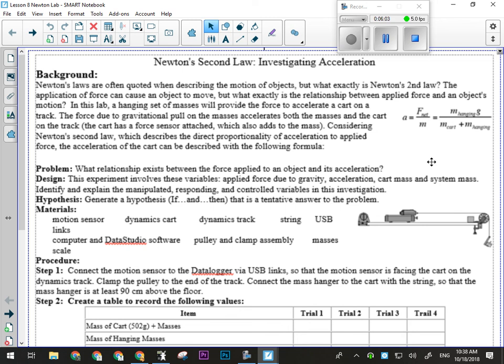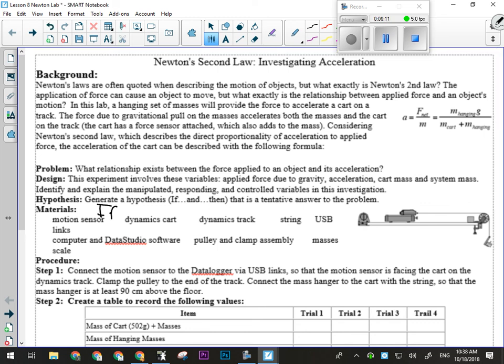Maybe it should say, what does Newton's second law say about the relationship between force and acceleration? The and part, as always, is going to give a brief description of the experiment, changing force, measuring acceleration, etc.